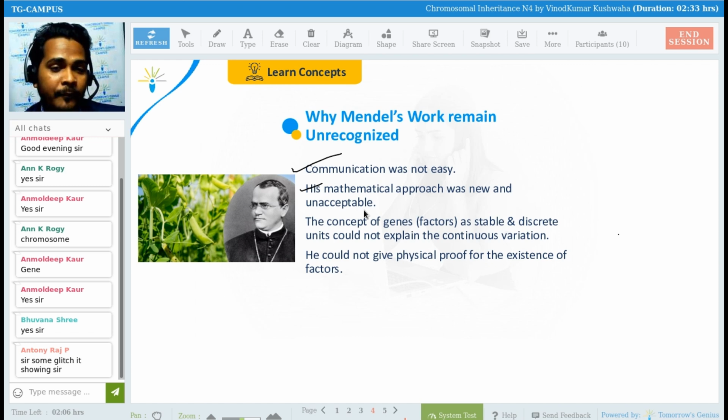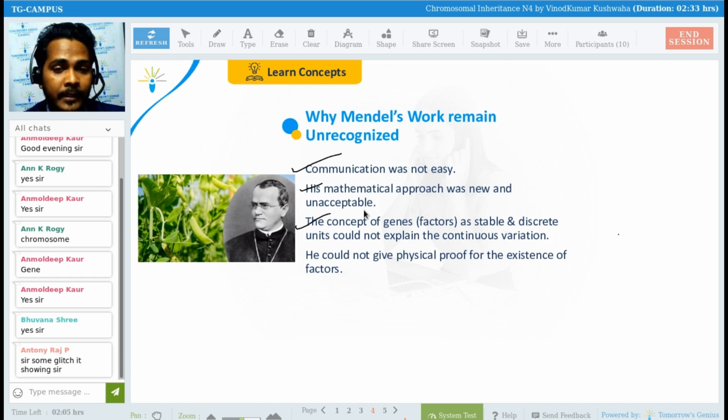So that was one more difficulty for Mendel in that era. And the third one: the concept of the gene as a stable and discrete unit could not explain continuous variations. Mendel could not explain all these continuous variations, and because of that he could not give physical proof for the existence of factors. So these are the several reasons his research was unrecognized for several years.